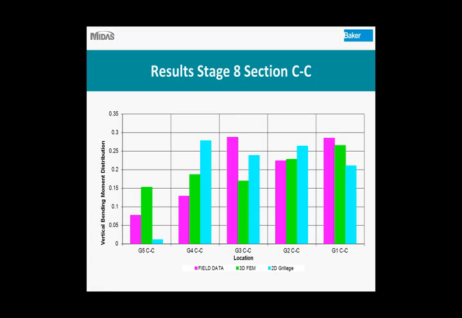However, if we look at girder 4C, you can see neither the 3D finite element model or the 2D grillage model are accurately predicting what we're seeing in the field. So this was typical. There are a number of different comparisons we did for different stages and the different locations that were instrumented. And we got varying results when we were looking at our moment distribution.